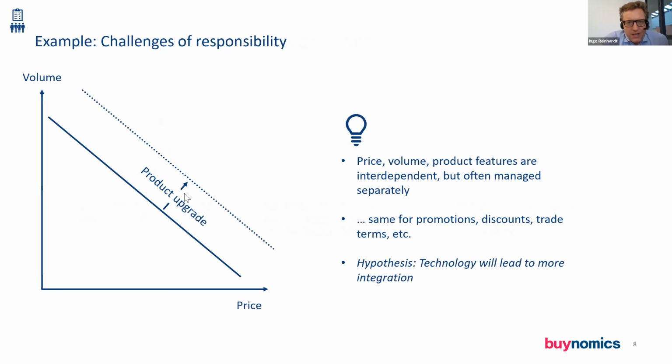So the first one, the challenge of responsibility, and we have put this here in a very simplified way. As everyone knows, in pricing, price, volume, and also product features are very closely related. And what we see in many organizations is that responsibilities between different departments are not properly split or take account of this. So you have people responsible for setting prices, maybe in marketing, and then you have teams in sales responsible for sales volumes, but they don't have the full authority on the price, or they have authority on setting discounts to their customers.